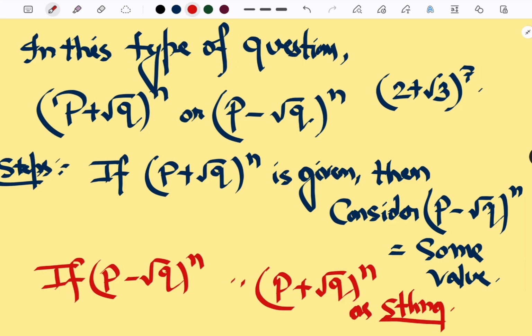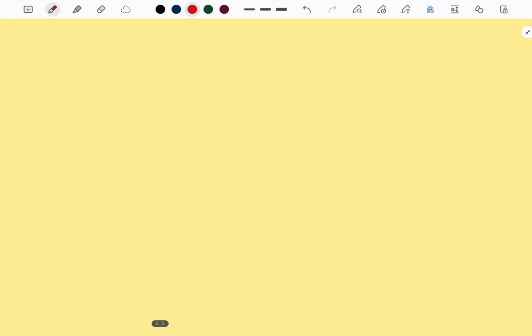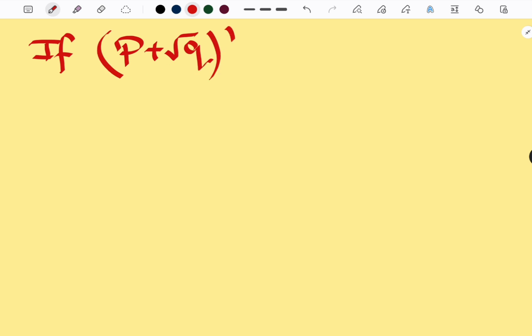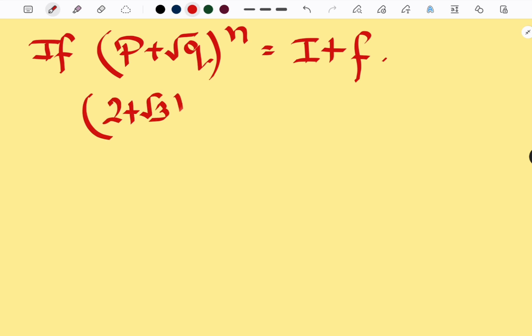Now consider this: if (p + √q)^n will be considered as some integer value plus some fractional value. Why? For example, if I say (2 + √3)^5, now 2 is an integer, √3 is irrational, so obviously when I expand this, it will give me some integer value. What is the value of √3?